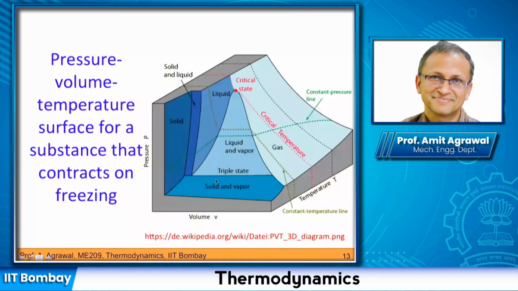When you look at the boundary, which will be a line of intersection of these two surfaces, this line would essentially have all three things together: solid, liquid, and vapor. This is what we earlier called the triple point, but we are now saying that this is not really a point. It is actually a state that you can get, and therefore we should more correctly call it a triple state.